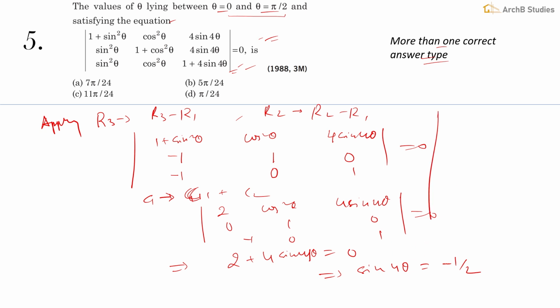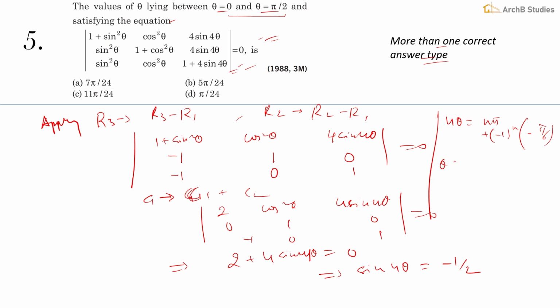Now for sin 4 theta equal to minus 1 by 2, 4 theta will be n pi plus minus 1 to the power n minus pi by 6.